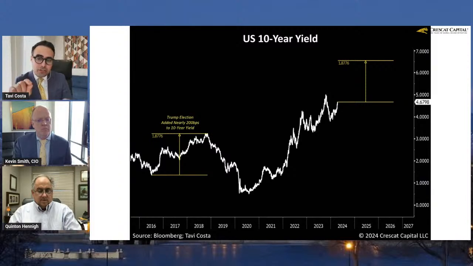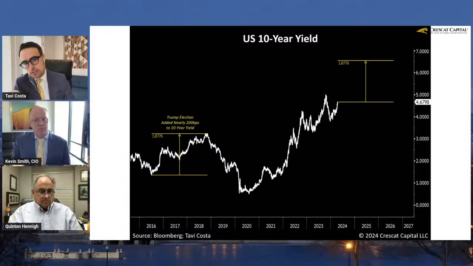But if we go back just to the 10-year yield behavior when Trump got elected, we saw an increase of about 200 basis points. It's 1.8, but about 200 basis points of an increase in 10-year yields at that time. Now, we were at about 1% in that era, if you remember, and today we're starting at about 4.5%.